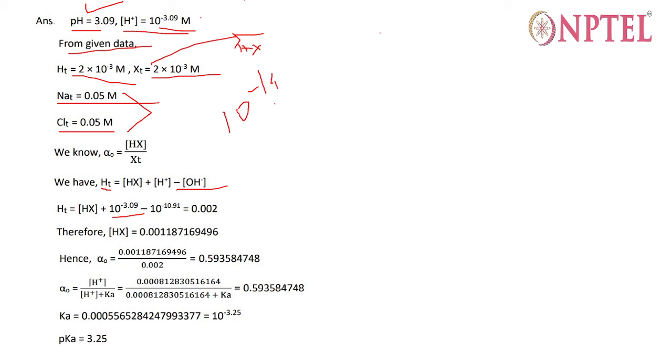And from this, you just subtract 10 to the power minus 3.09, right? So if you just add these two, you will find how much. Let me tell you in another way.